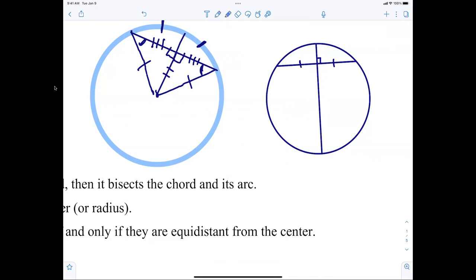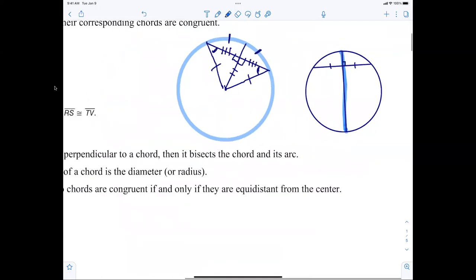What is this automatically? That's automatically the diameter. That's what they're telling you. So keep that in mind.